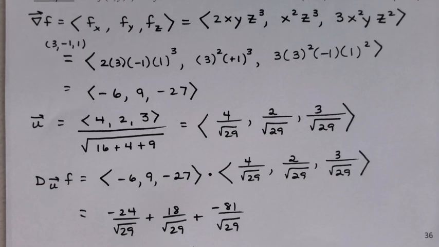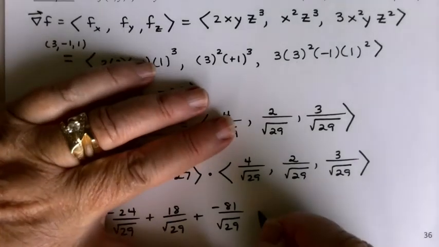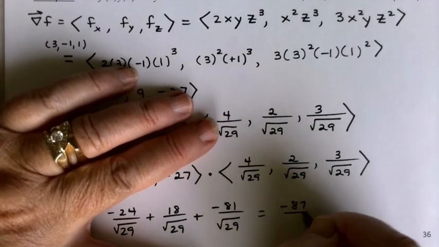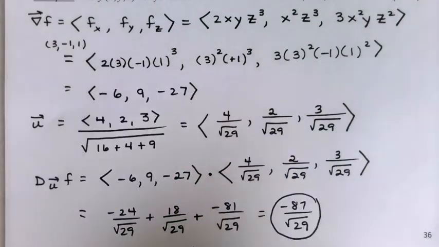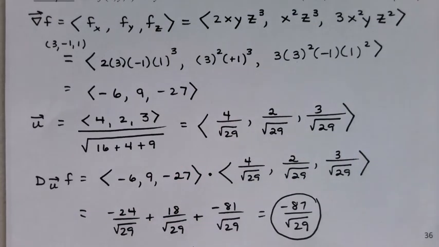Looks like negative 87. And I could rationalize that denominator. I think that actually would work out kind of nice, but I won't take the time to do it. It's fine like that. All right, so there was some practice on the mechanics of finding these directional derivatives.